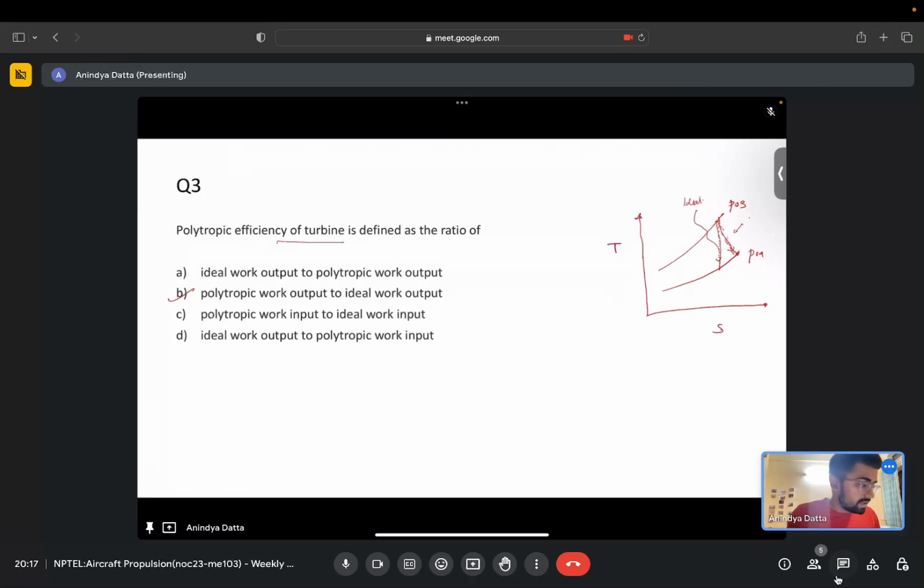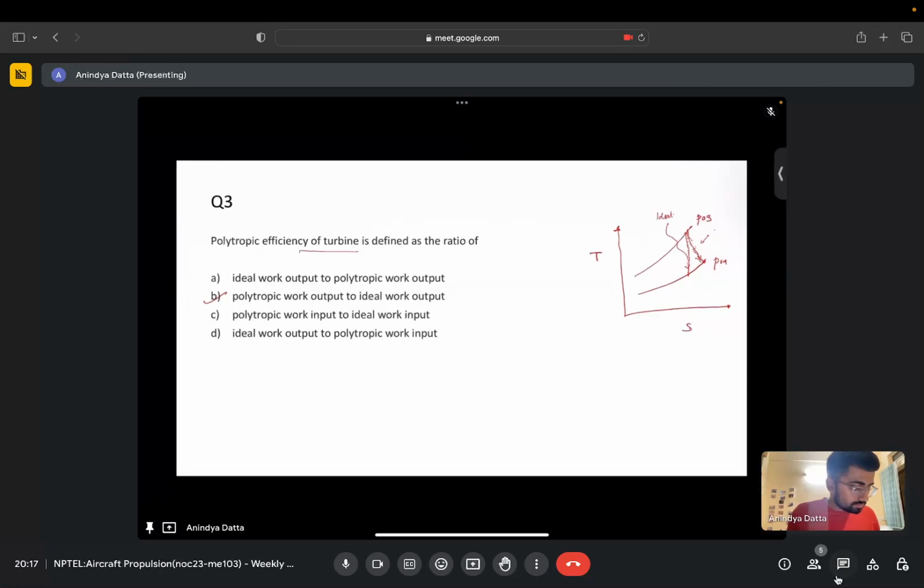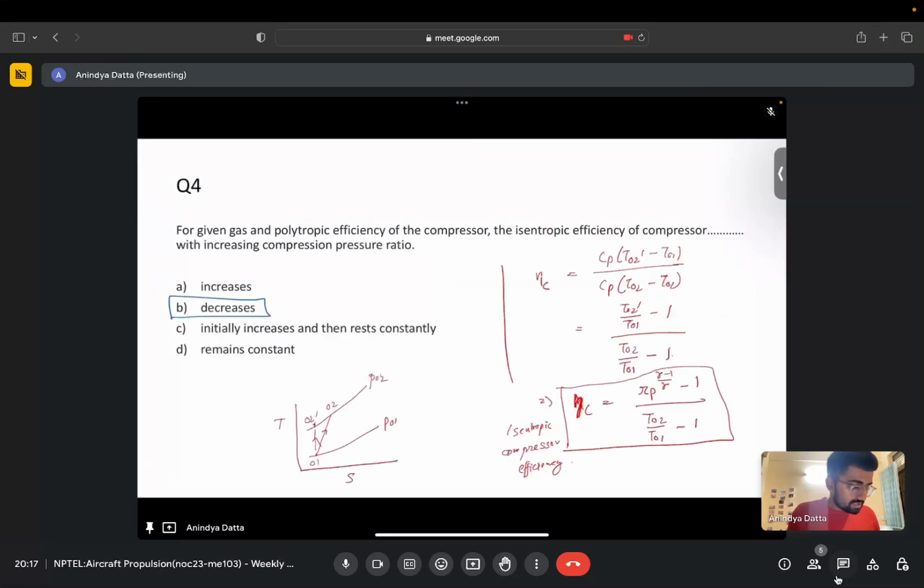This is also simple. Question 4 was, when we have a given gas and polytropic efficiency of the compressor, what happens to the isentropic efficiency. I discussed this once again: isentropic efficiency depends on the pressure ratio, while we define polytropic efficiency so that it is independent of the pressure ratio and the compressor inlet conditions.